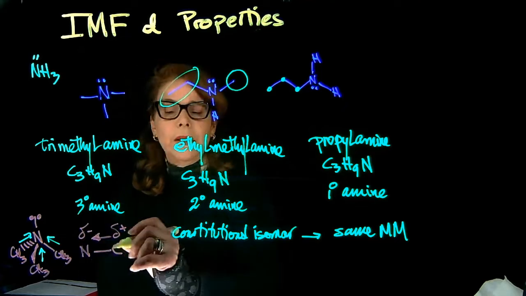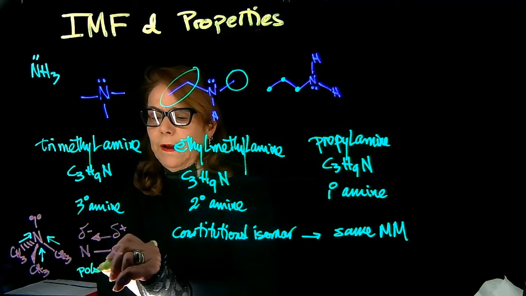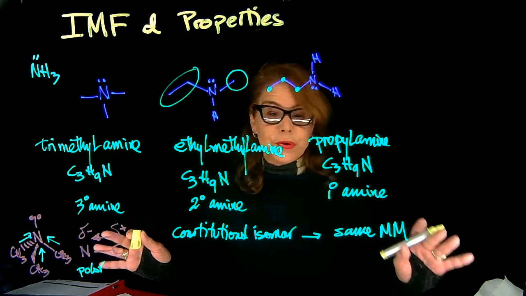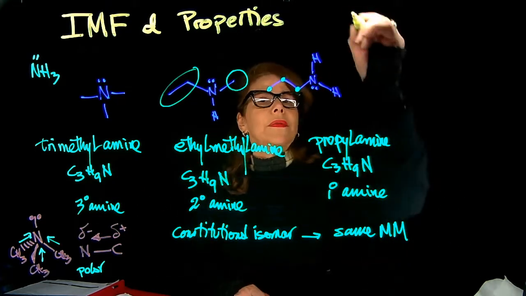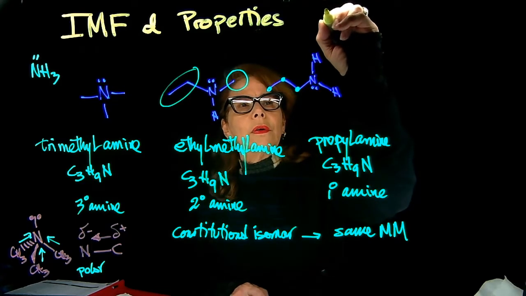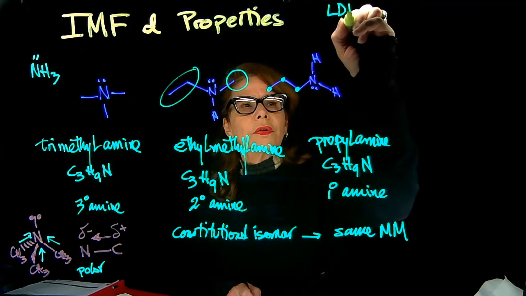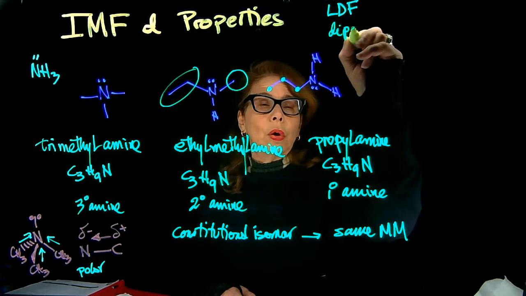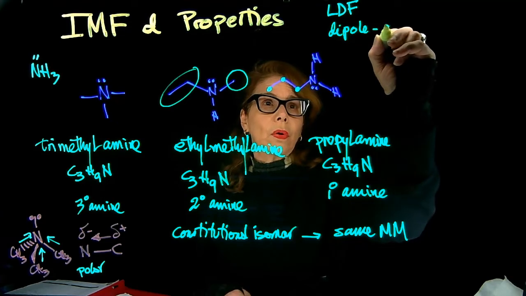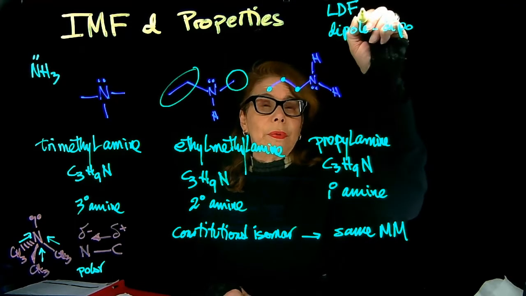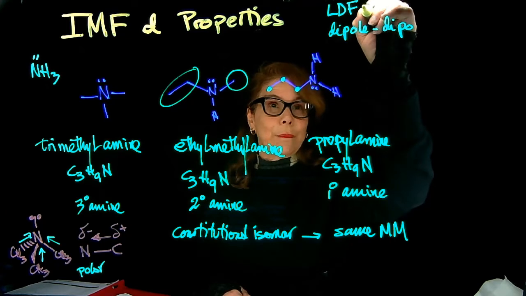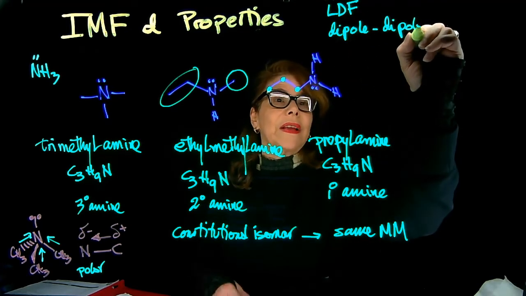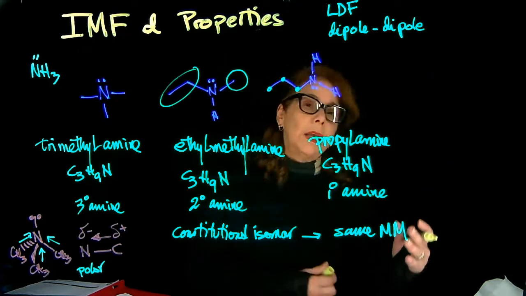It's polar, but in all of these molecules having carbon and hydrogen, we will have London dispersion forces. But that's the weakest. Remember that in intermolecular forces, London dispersion, or van der Waals, is weaker than dipole-dipole. These are fleeting dipoles, so non-permanent. Dipole-dipole is a permanent dipole moment in a bond.